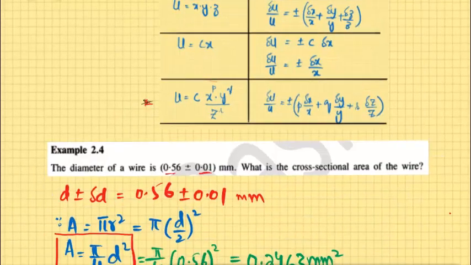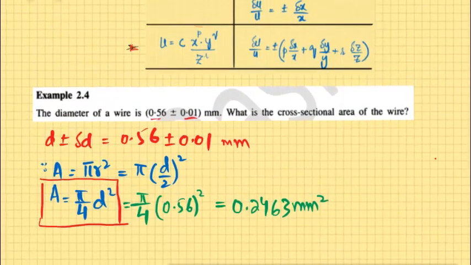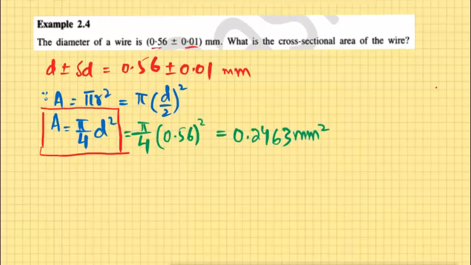But in my equation I have only one variable. That's not an issue. If I have only one variable, I will only use the fractional uncertainty of that variable, which is d, and I will ignore the others. So let's see how I am going to make the equation for the uncertainty.